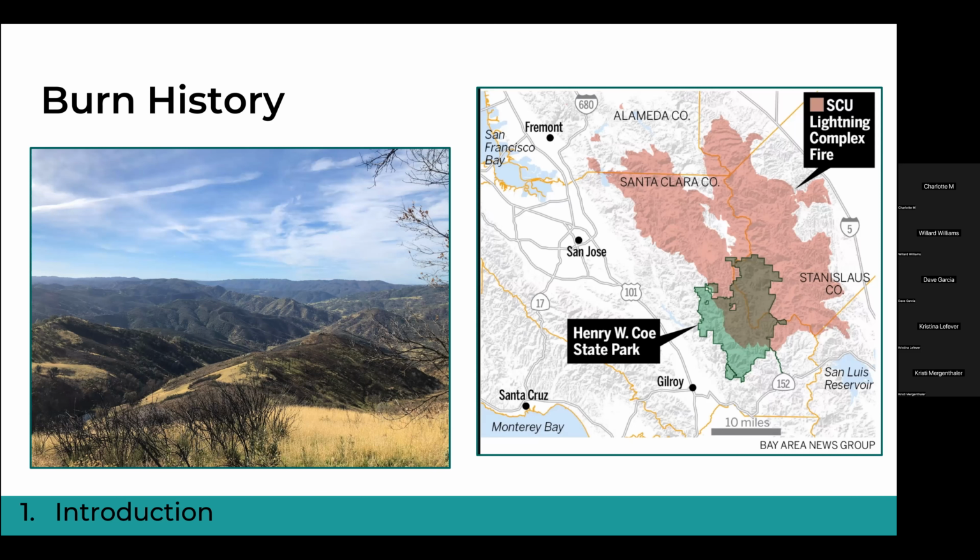The most recent wildfire that hit the park was the SCU Lightning Complex fire, and this covered around 50,000 acres of land within Henry Coe. Some of it was light fire, some of it more severe, where there were some tree die-offs. And you can see some of the scars of the fire in this image here to the left.